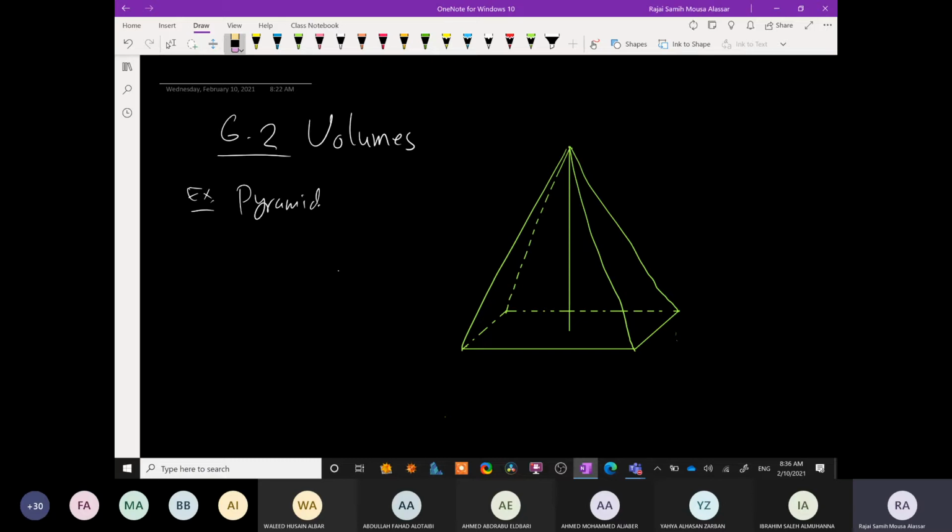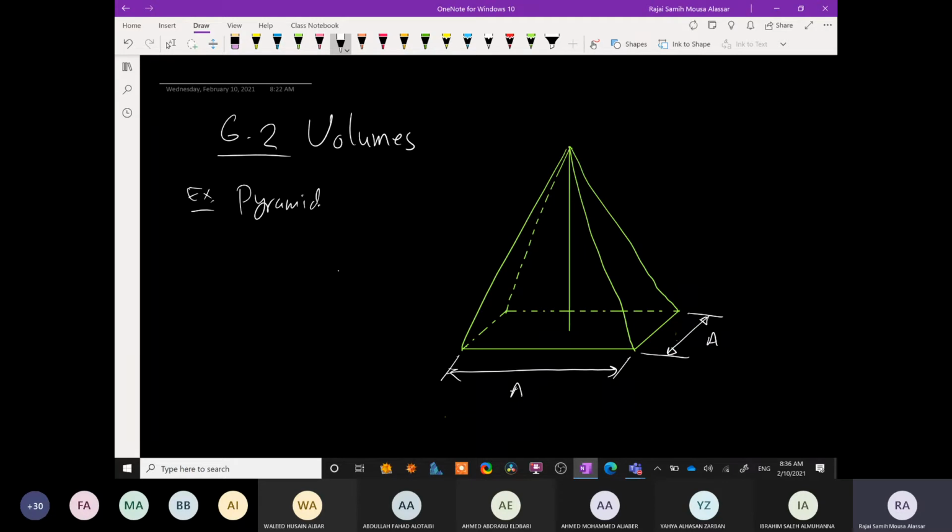So this is a pyramid, and I'm interested in finding the volume of this pyramid. Do you understand what I'm trying to do as well? And this length from here to here is A, and this is also, let's say, A. So this is a square base.